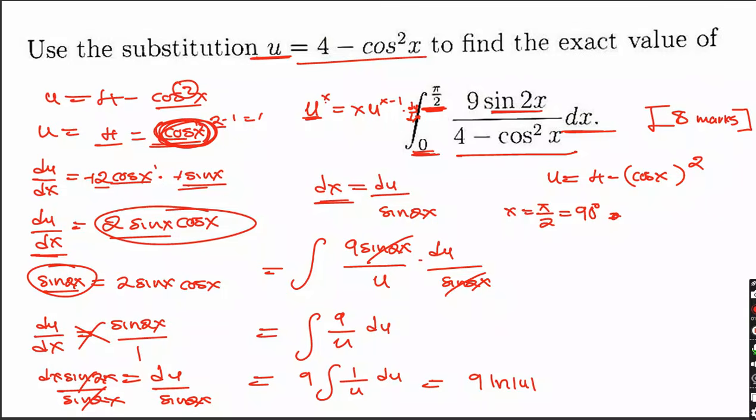So the value of u is going to be equal to 4 minus cos 90 squared. We know that cos 90 is 0, so 0 squared is just going to be 0. So at this value, u is just going to be equal to 4. So this has now been changed to 4.